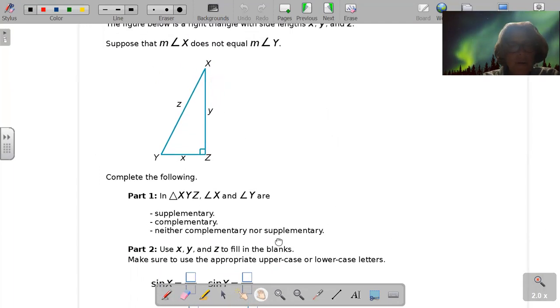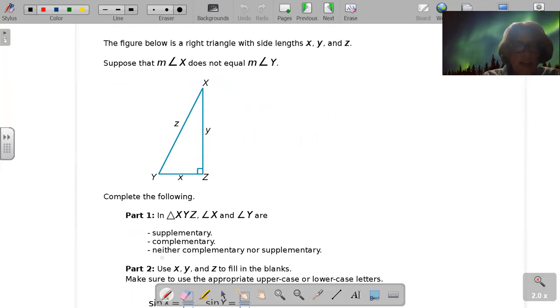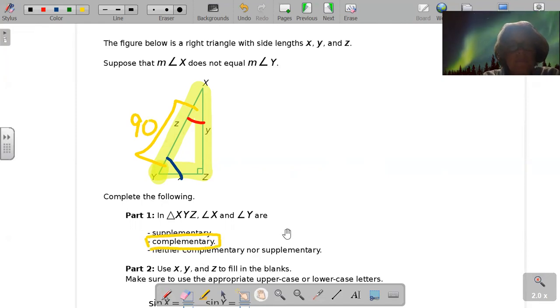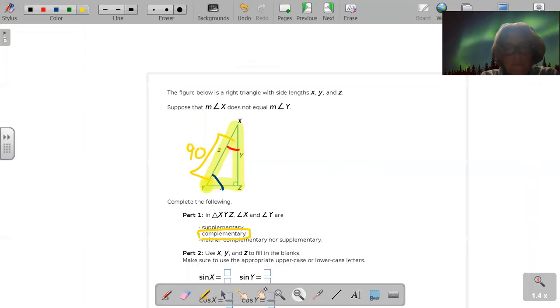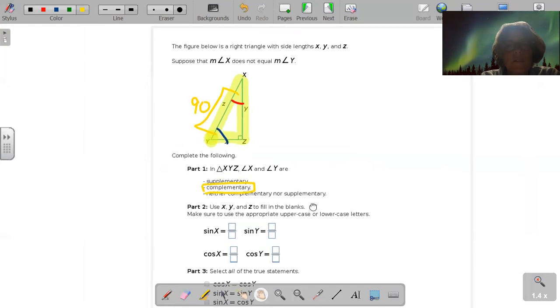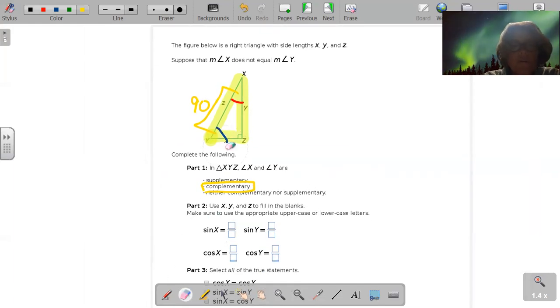Take right here, we know that in triangle XYZ, angle X and angle Y are complementary, which means they have to add up to 90 degrees. And in this case, we're going to use variables here.